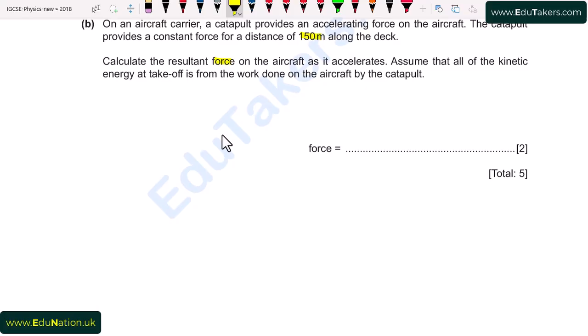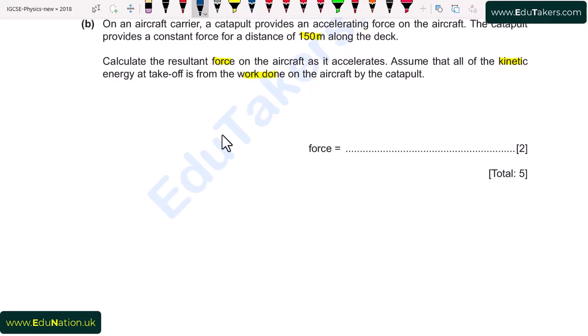Assume that all of the kinetic energy at takeoff is from the work done on the aircraft by the catapult. So here we assume that all of the kinetic energy comes from the work done on the aircraft, and we have to find the total resultant force.